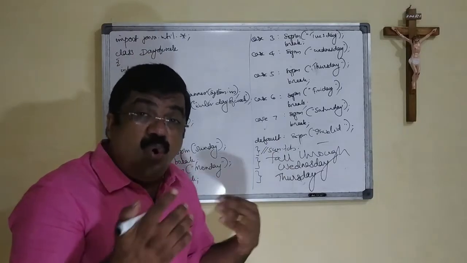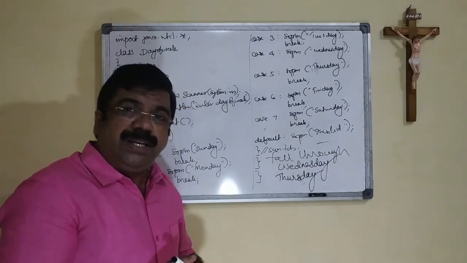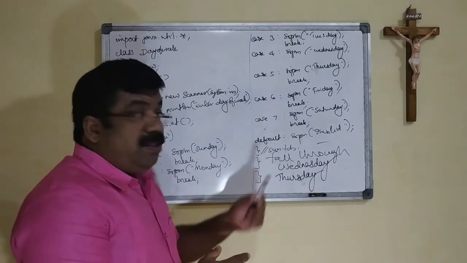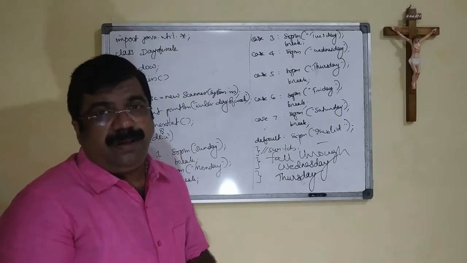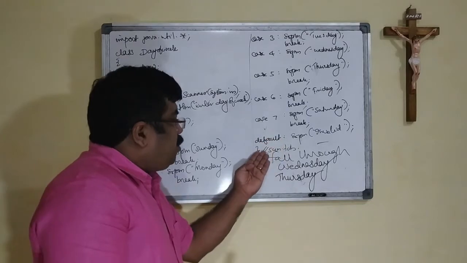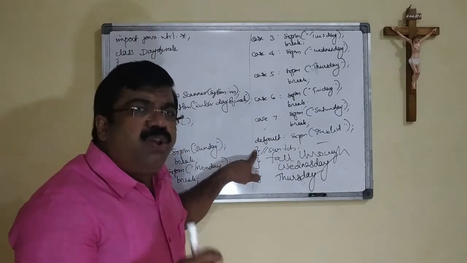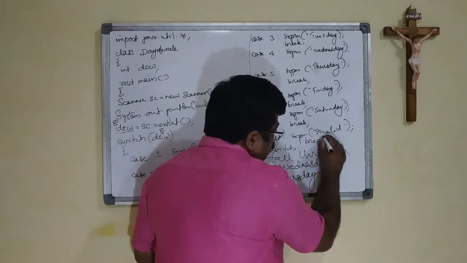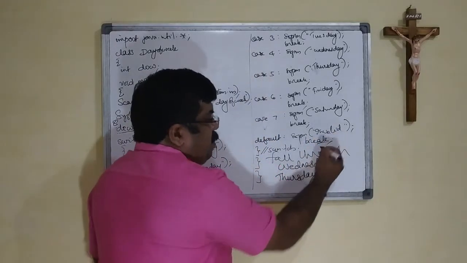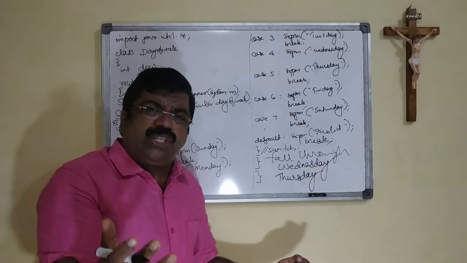That means when no matching is found, then the default statement will be executed. And since it is the last statement, it is the end of the switch statement, the break is not required. That means it is automatically understood.